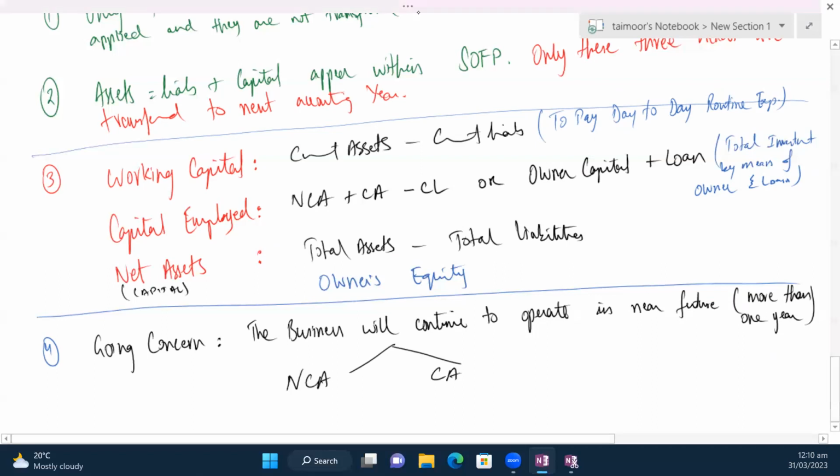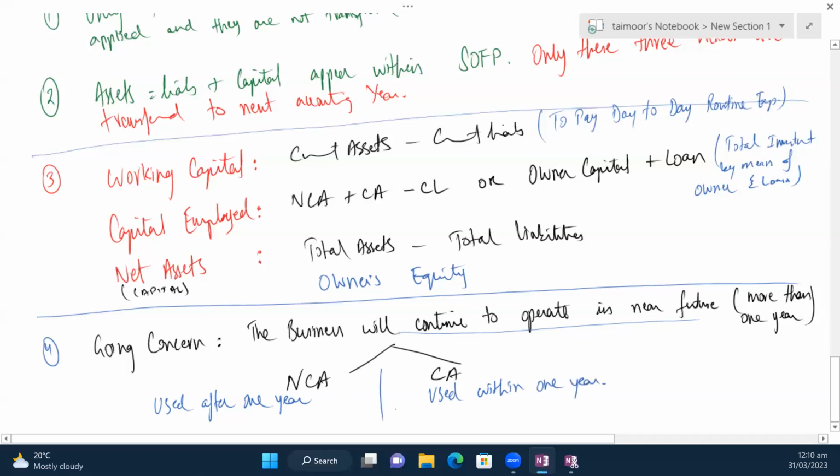Why? Because you intend to continue for more than a year. तो आप कहते हैं, okay, these are the assets which can be used after 1 year, and these are the assets which will be used within 1 year. Clear distinction आ गई ना दोनों में?